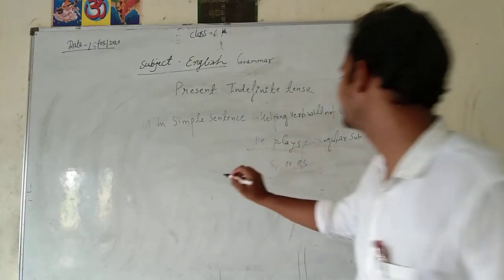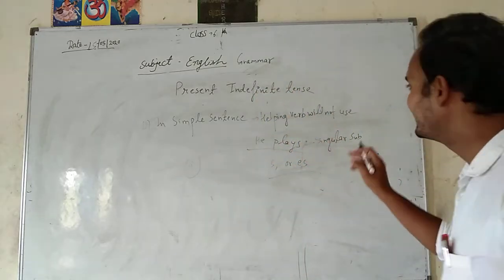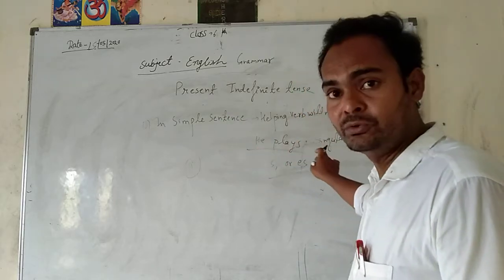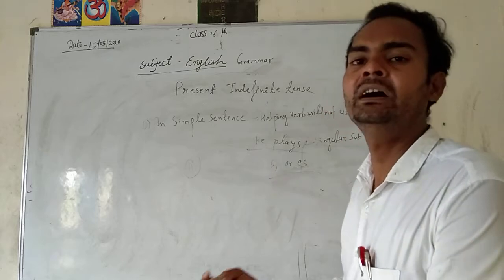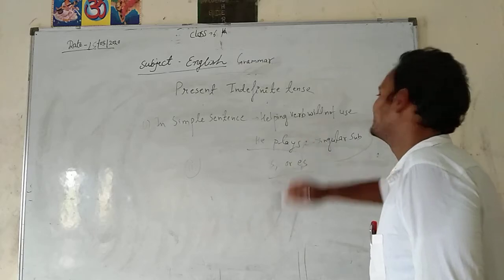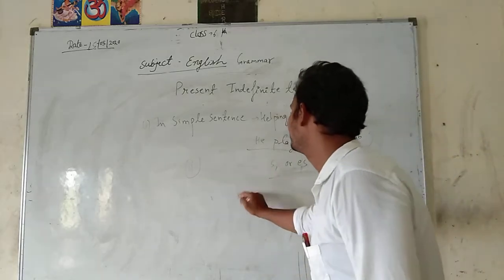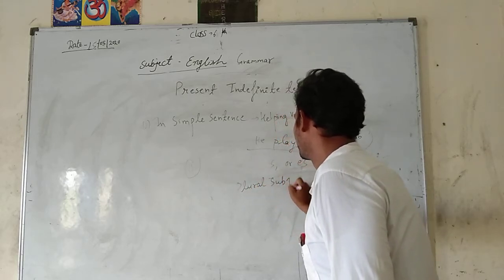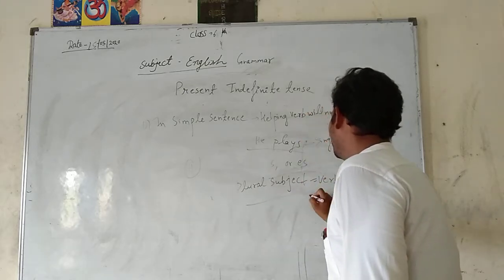Okay, so two rules are there. First, in simple sentences of present indefinite, the helping verb will not be in use, and second, S or ES will be added with the verb. S or ES is added only when there is a singular subject, and if there is a plural subject, the verb will stay as it is.